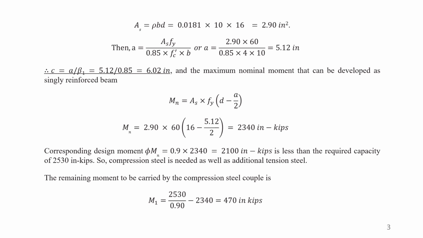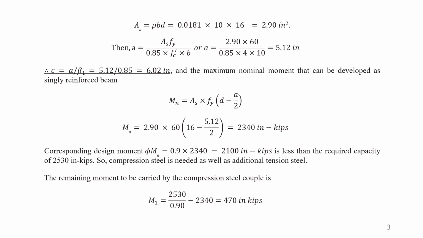That's why the remaining moment should be treated with steel at top and bottom. To take care of this excess moment, we must provide some steel at the top and some steel at the bottom of the beam. That will make a couple and make this moment balanced.